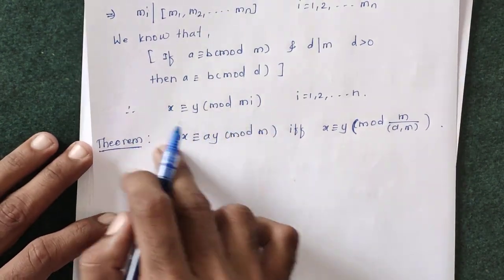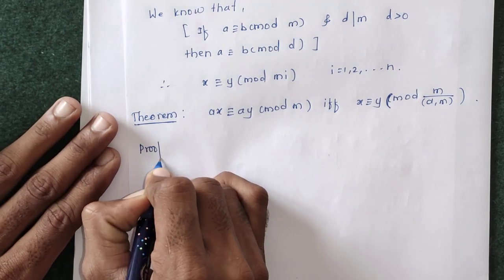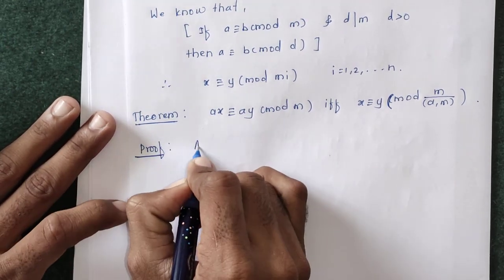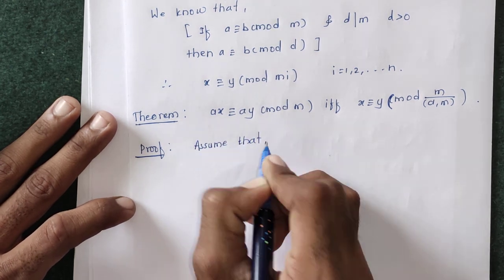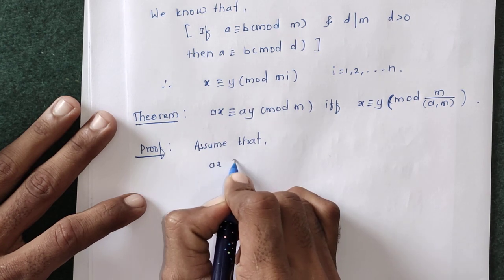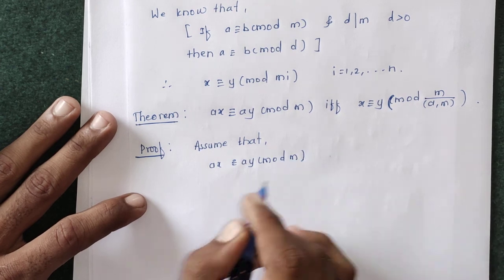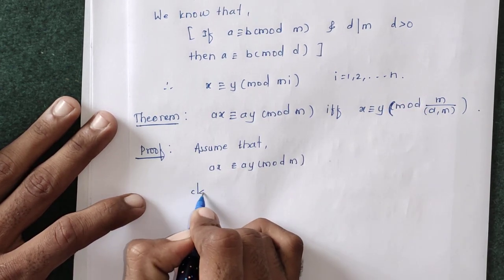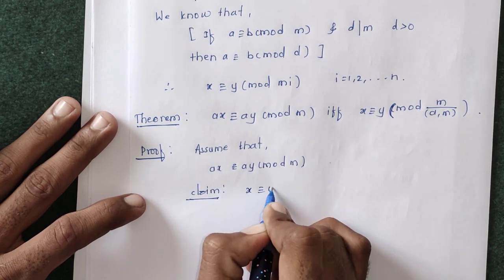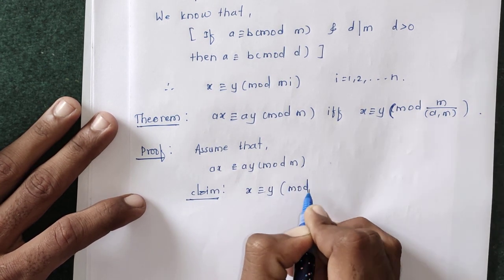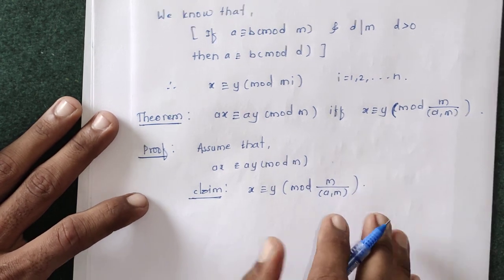Now first of all we are going to assume this and prove this. Assume in the proof that ax is congruent to ay modulo m, and our claim is x is congruent to y modulo m upon GCD of a and m.